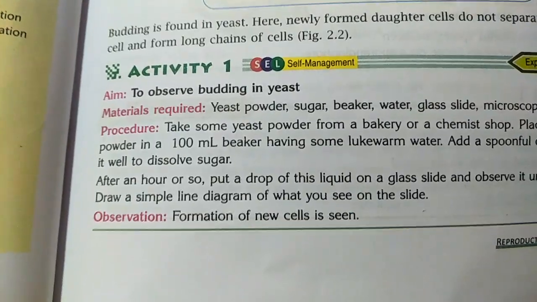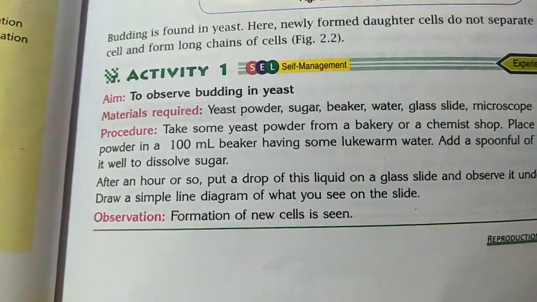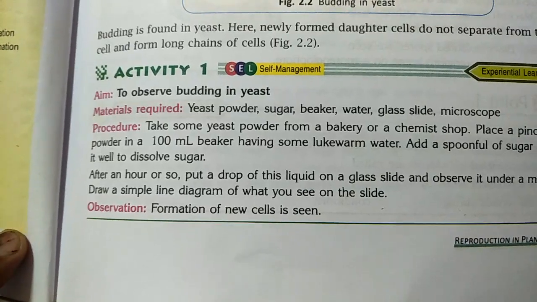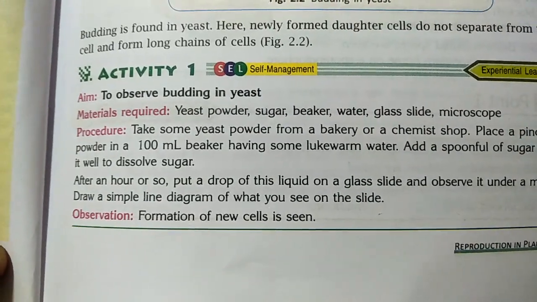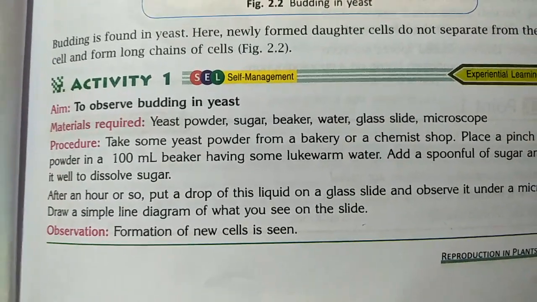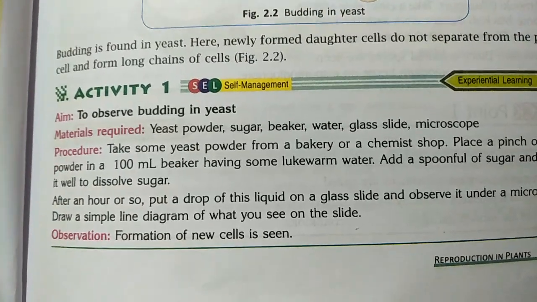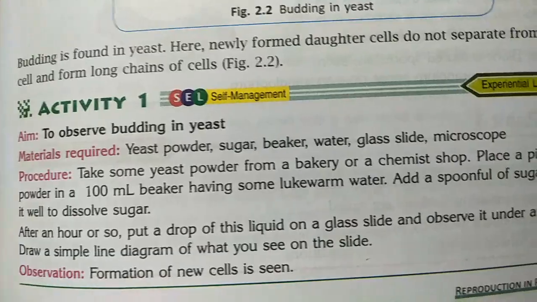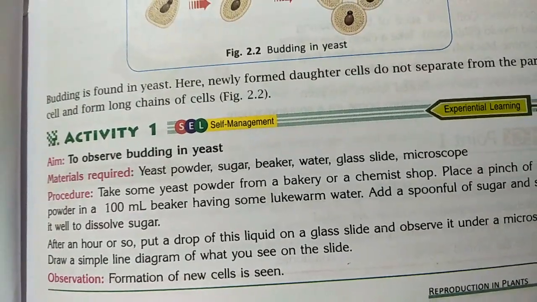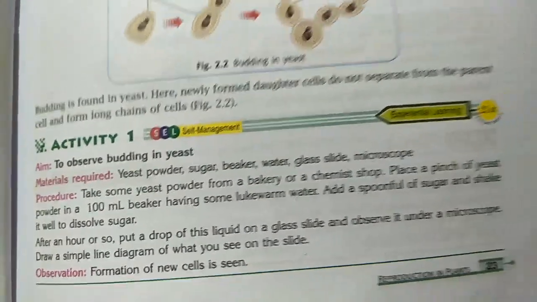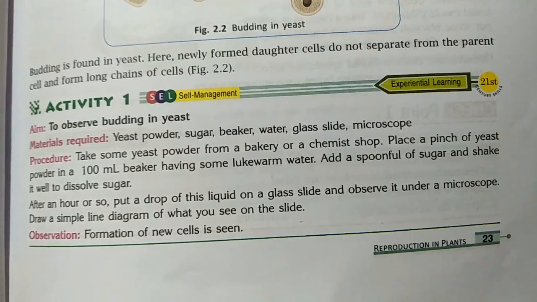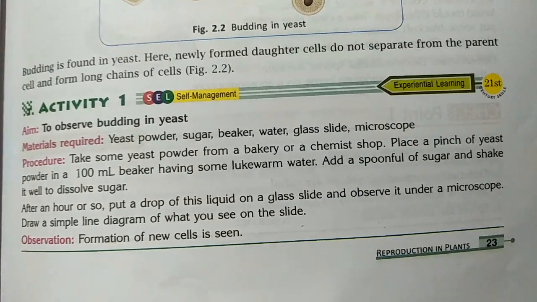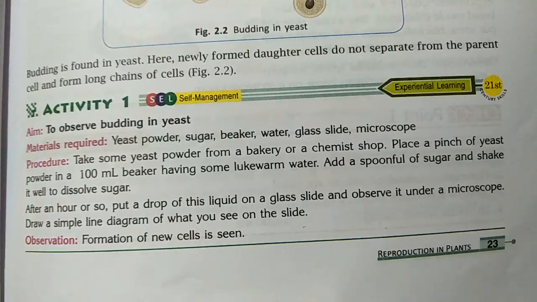Now we have this activity here to observe budding in yeast. For that, they have also told us how to do it. You need yeast powder, sugar, beaker, water, glass slide, and a microscope. The procedure is: take some yeast powder from a baker or a chemist shop, place a pinch of yeast powder in a 100 ml beaker having some lukewarm water.